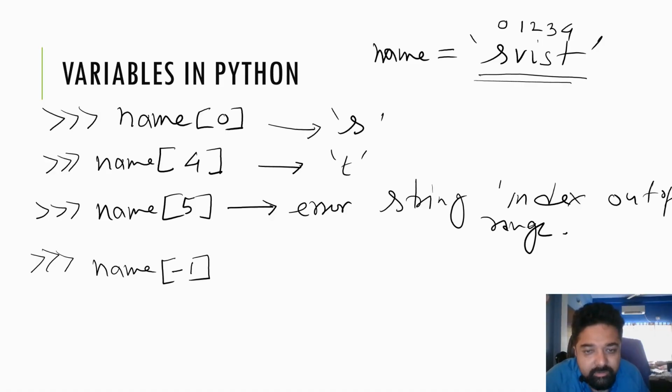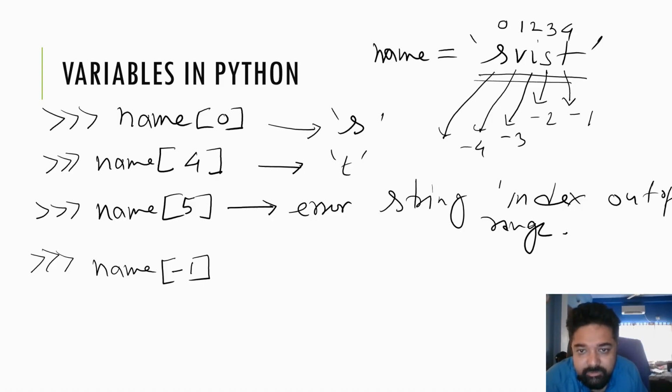Now another thing, if I write name[-1], what will be the answer? Again, this T is -1, -2, -3, -4, and this is -5.